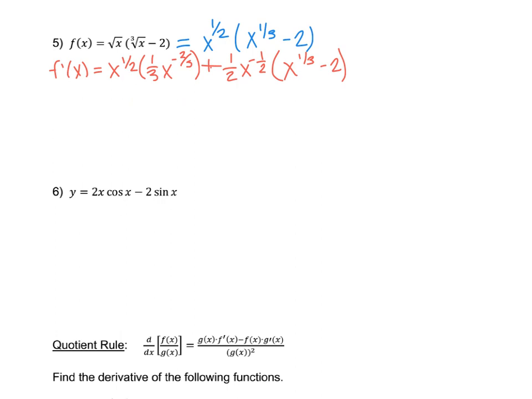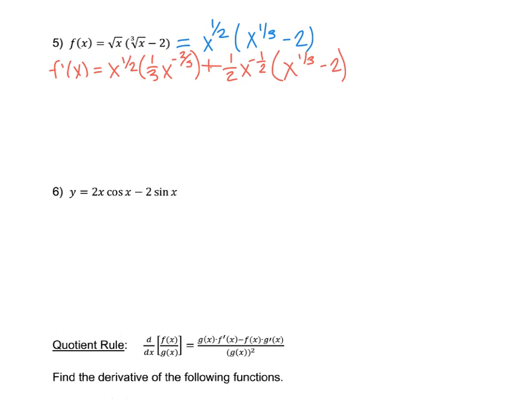Okay, so the next step here is to multiply where we need to. So here I just have x to the 1/2 times 1/3 x to the negative 2/3. When you have a base to a power times that same base to a power, remember we just add those two powers together.